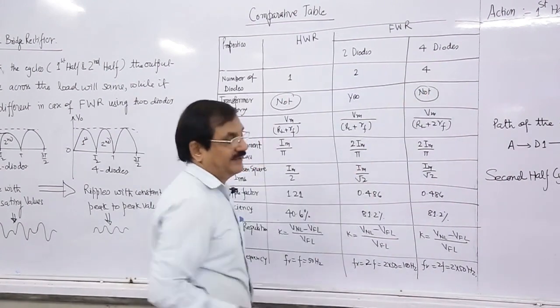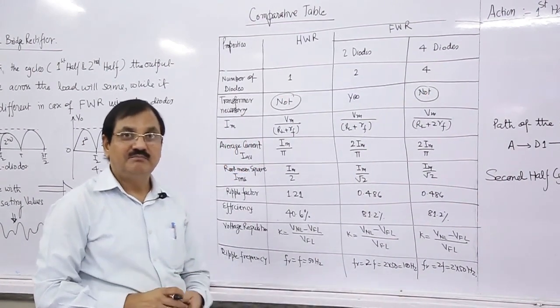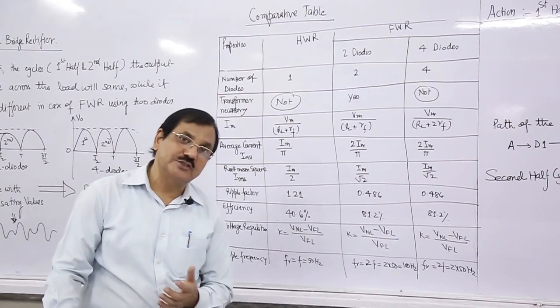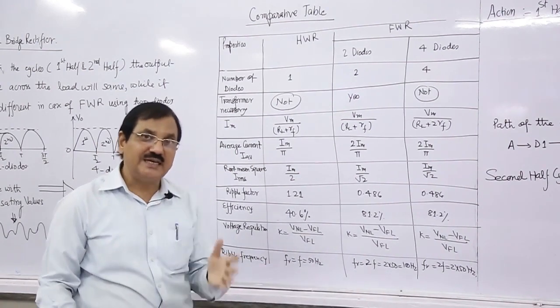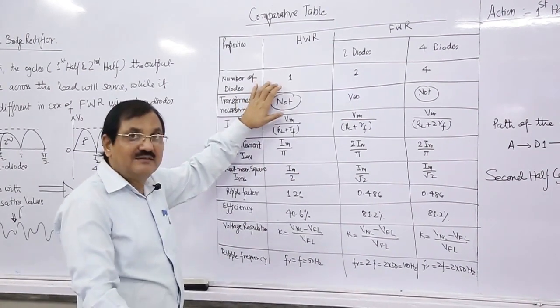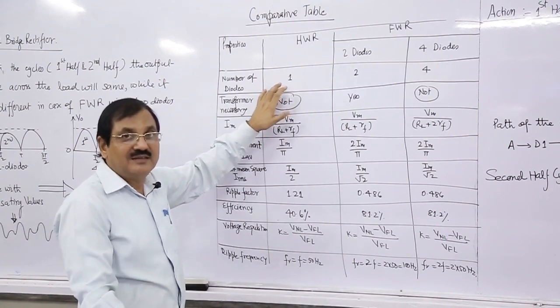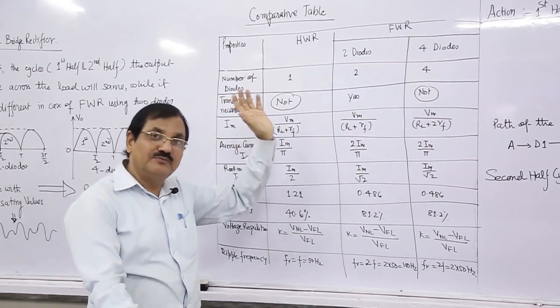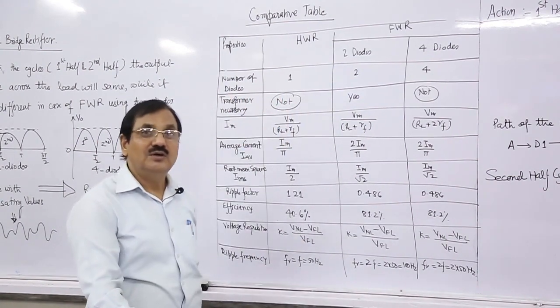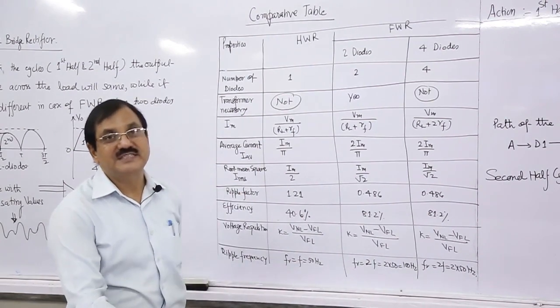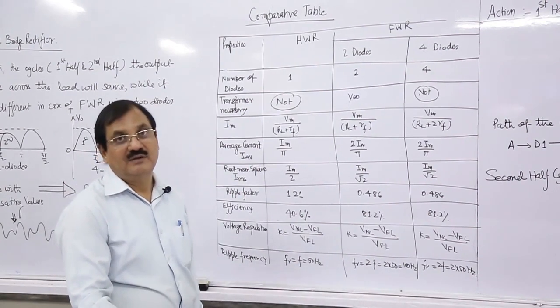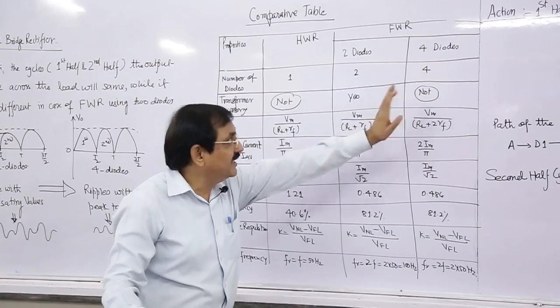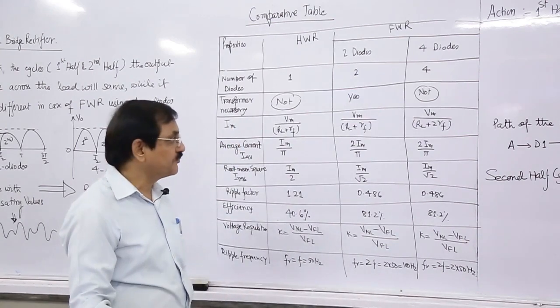This is the important thing. In many objective type questions students say it is necessary, but it is not necessary. If the input voltage is already low, then there is no need of step down transformer in case of half wave and full wave diodes.